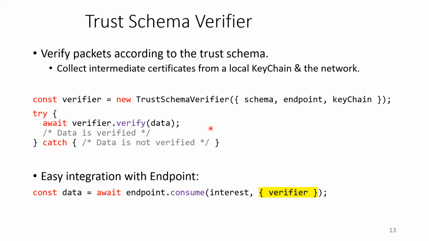Then you can call verifier.verify, give it the data packet. It will throw an exception if the data cannot be verified. The trust schema verifier can be easily integrated with the endpoint. When you say endpoint.consume the interest, you can pass it the verifier instance. If so, it will automatically verify the retrieved data packet.